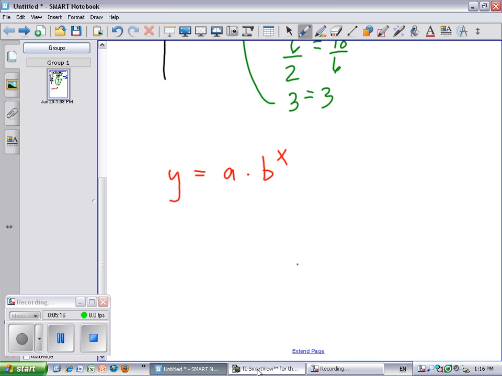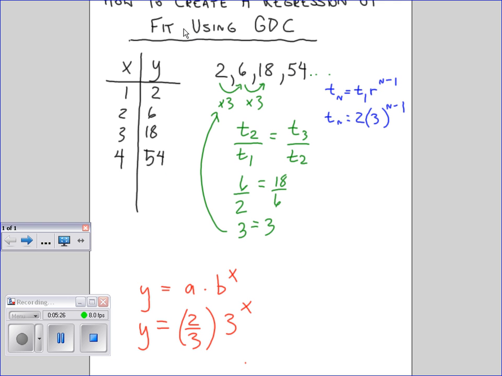So y is equal to, a is 2/3 and b is 3. So just a quick check to see if that equation models that data perfectly. Mental math. 3 to the 1 is 3. 3 times 2/3 is definitely 2. Works for the first point. The second point, x of 2. 3 squared is 9. 9 times 2/3 is 6. So it definitely seems to work.